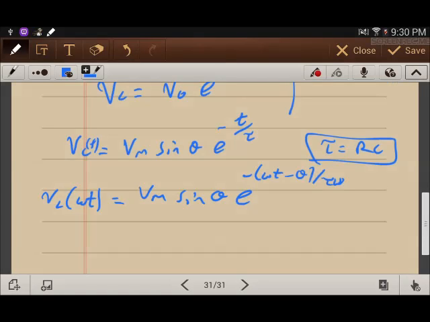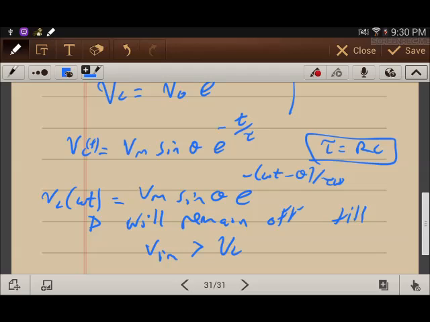Diode D will remain off till V input is greater than VC.